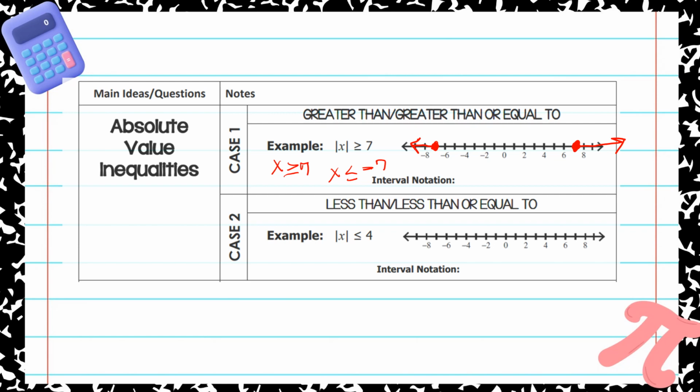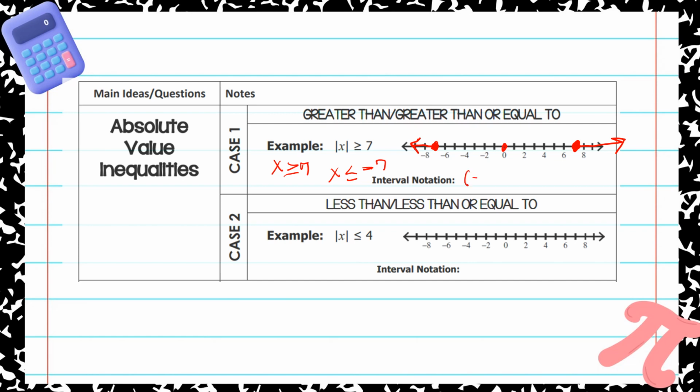So this is an or situation. Our number has to be more than 7 units away from 0. So that's why it's going in opposite directions, and why x is going to be less than or equal to -7, or x is greater than or equal to 7.